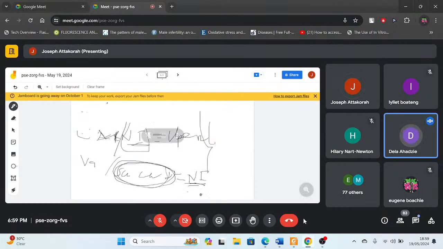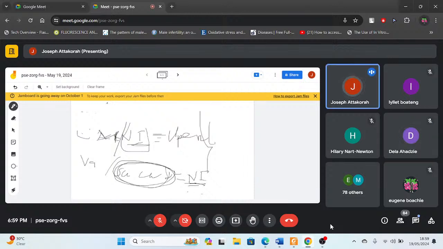Examples of the peptides are the atrial natriuretic peptide and the brain natriuretic peptide. There's also the C-type natriuretic peptide. So the neprilysin is responsible for the breakdown of these peptides. So note this.